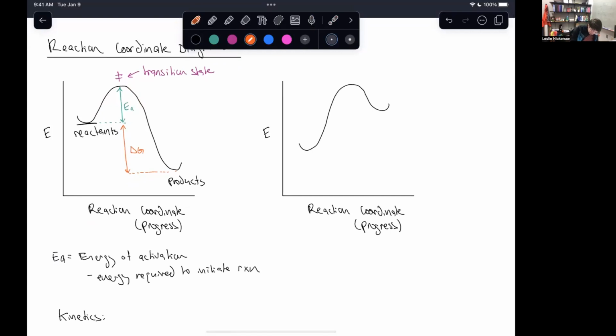If our delta G, which is products minus reactants, is negative, that's going to be an exothermic reaction, a spontaneous reaction. And it's going to produce heat.